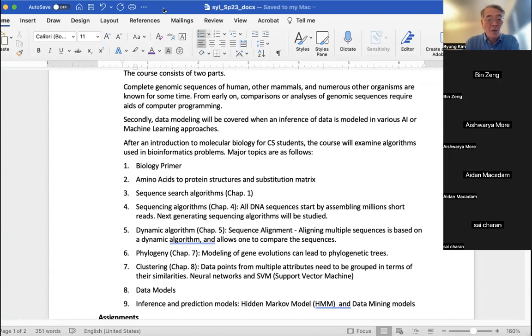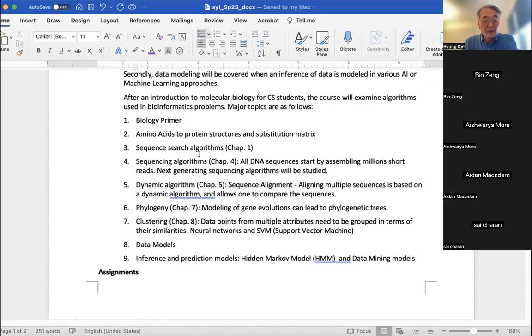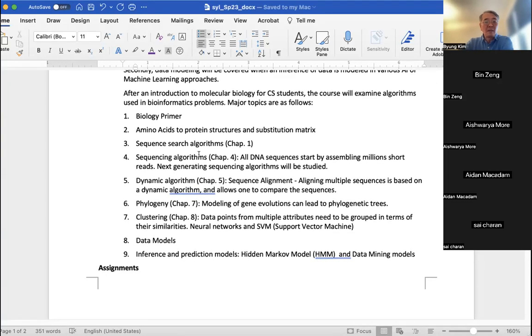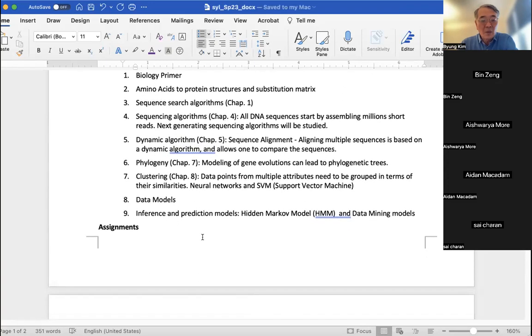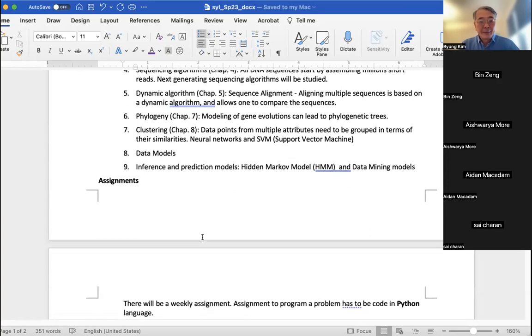I don't know how many of you are either taking it or have taken machine learning, but that's what you have. So here are some of the algorithm parts. And then in between, I'll fit in the data models so that we can look at how to analyze the data.